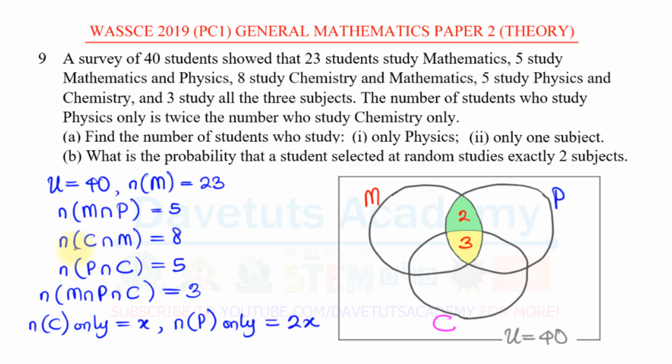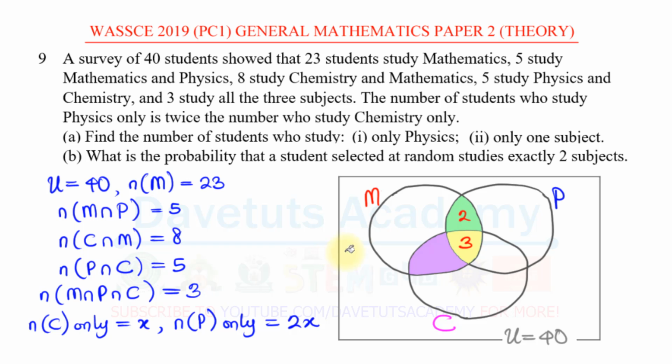In the second case, we are told that the number of students that offer chemistry and mathematics is 8. But out of that 8, we already have 3 that studied maths, physics, and chemistry. So where is the region that is intersecting chemistry and mathematics? I can use some other color. It is this region in yellow and this other region.